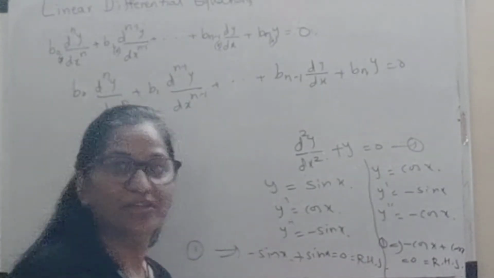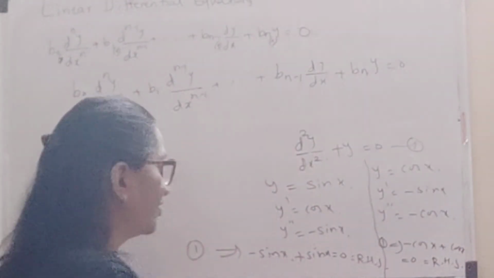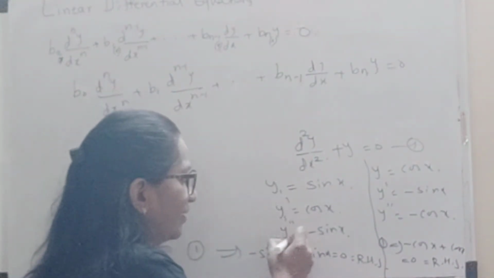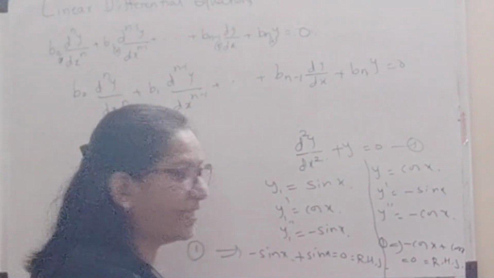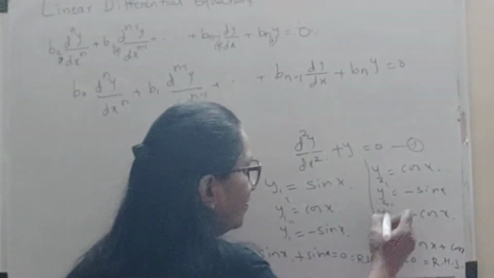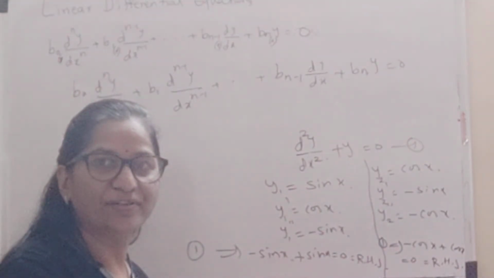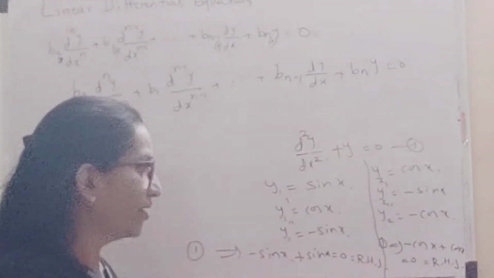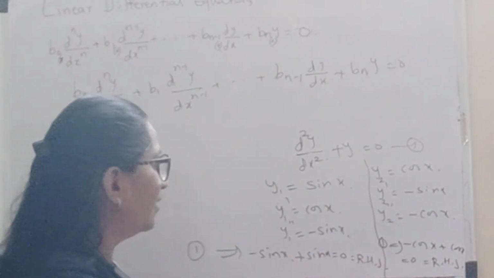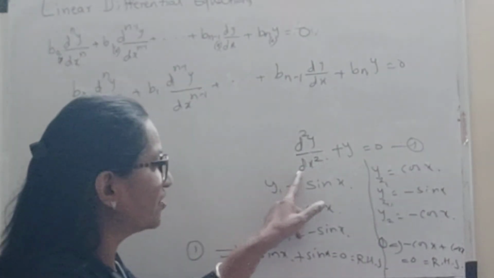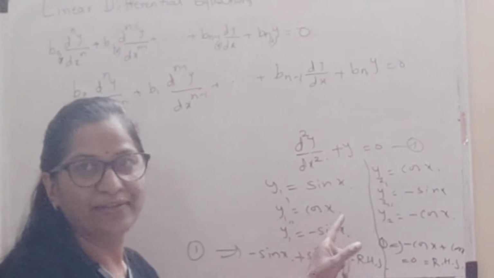So both are solutions of this differential equation. Call them y1 is equal to sin x and y2 is equal to cos x. So if the order of the differential equation is 2, then there are two solutions.